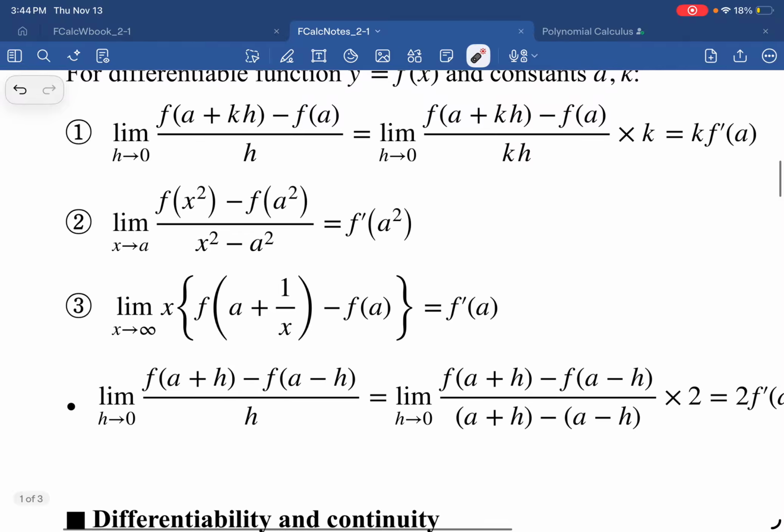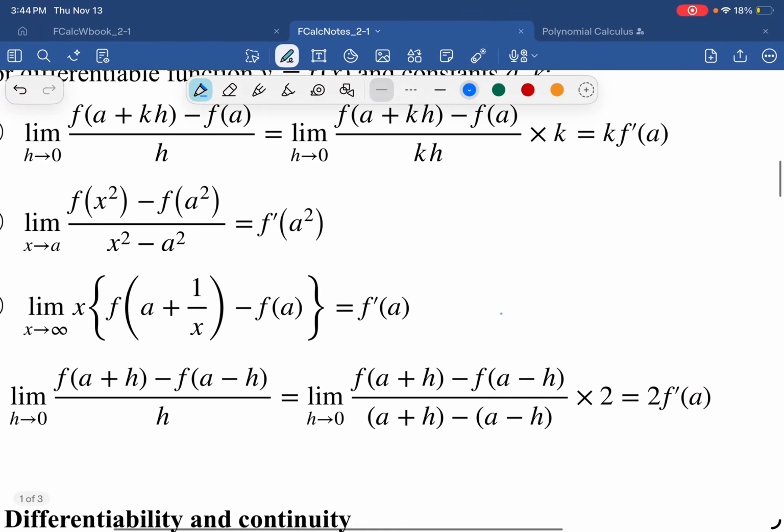Okay, the next limit looks kind of complicated. If you plug it in, it's going to be an infinity times, this goes to 0. So it's going to be an infinity times 0 limit. But if you think about it for a little bit, if we substitute x with 1 over t, then we can rewrite it as 1 over t times f of a plus t minus f of a.